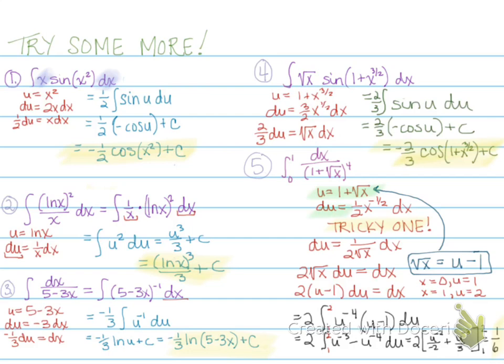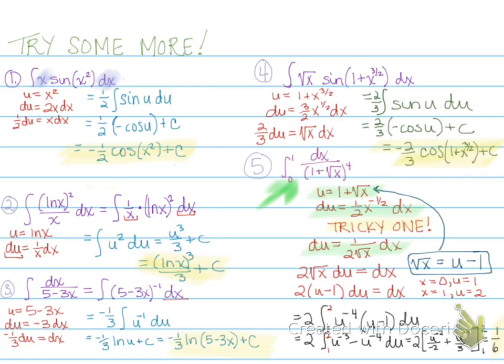And then du is 1/2 x to the negative 1/2 dx, or 1 over 2 root x dx. This is where it gets tricky. We need to multiply the 2 root x because in our original up here, there's nothing to replace with a 2 root x. So I need to multiply that to the other side. 2 root x du equals dx.